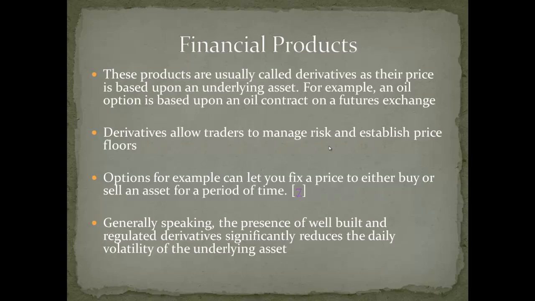A good historical account would be onion futures compared to coffee futures, and looking at options on coffee futures when there were no options on onion futures, and see the rapid price volatility that occurred in the onion market compared to the volatility that occurred in the coffee market. Most economists, most financial experts tend to agree that having financial derivatives is a really, really good thing for the stability of a market, and also a good thing for reducing volatility within a market.